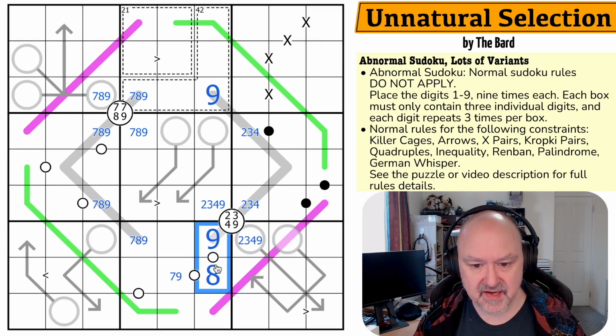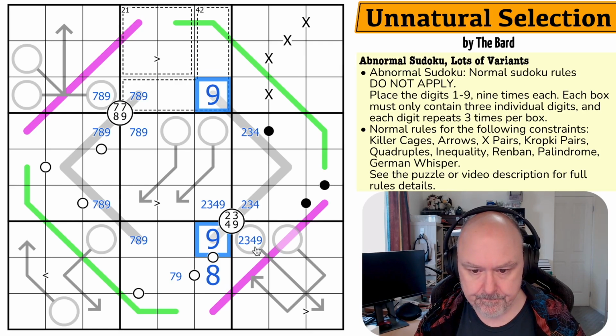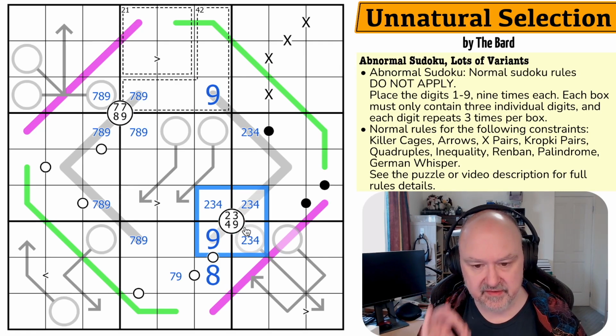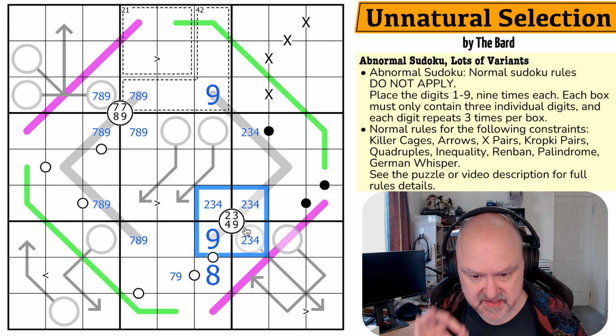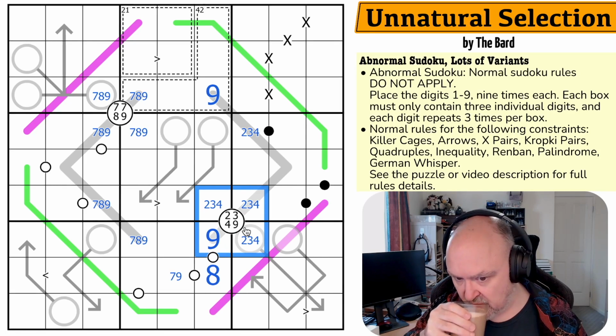But I know 9 and 8 now exist in these boxes. So these are 2 of the boxes that contain 9. These can't be 9 anymore, because this quadruple must contain 2, 3, 4, and 9. So it's not a conflict by Sudoku, it's just by the quadruple I must have those other 3 digits in them.